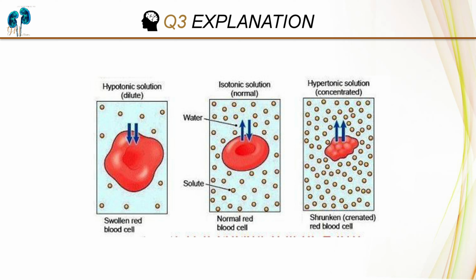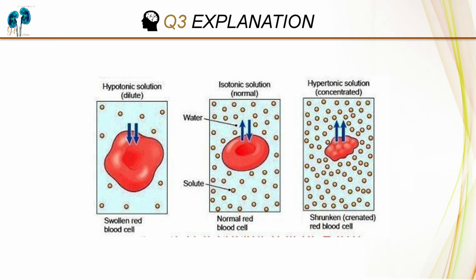In a hypotonic solution, the impermeable solute is less in the extracellular compartment compared to inside the cell. So what is osmosis? Osmosis is the movement of solvent from the region of lower solute concentration to the region of higher solute concentration. So here in a hypotonic solution, solute is less in the extracellular compartment compared to inside the cell.